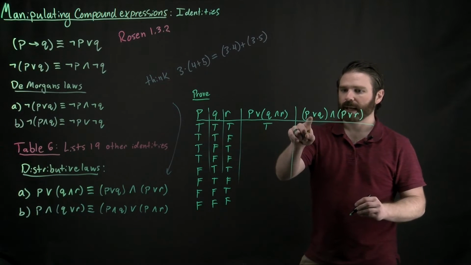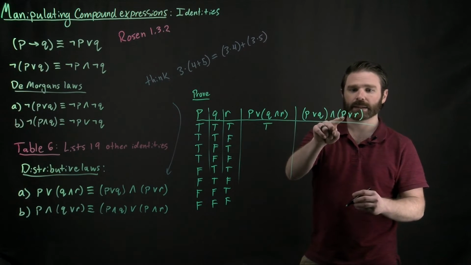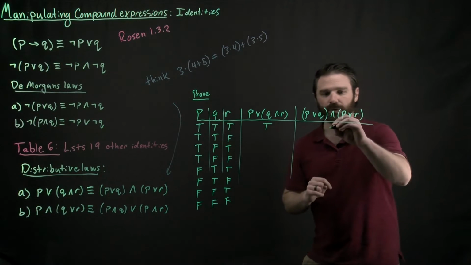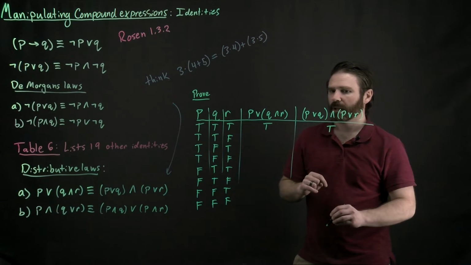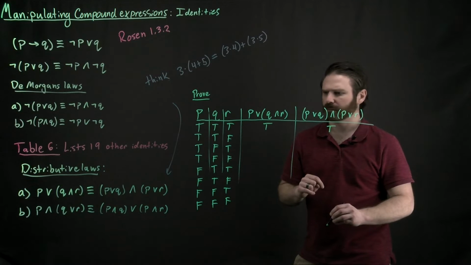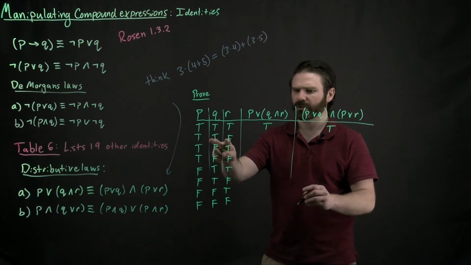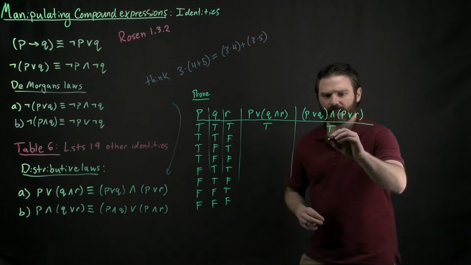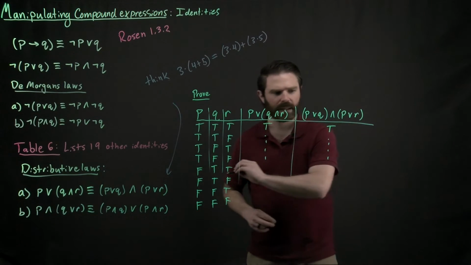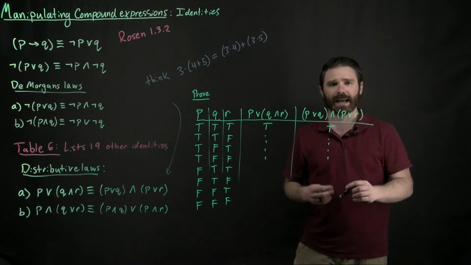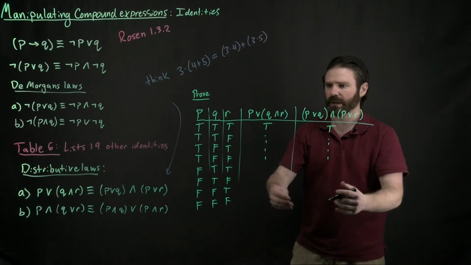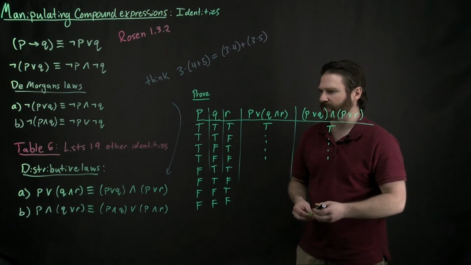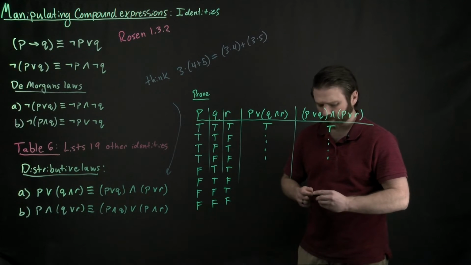In this one, I have true or true is true and another true that's also true. And, oh, it's actually going to turn out to not be too difficult to fill out the first few rows of this. It's just going to be really tedious. So I'm going to go ahead and leave that up to you as an exercise to be able to prove that those two are actually logically equivalent.